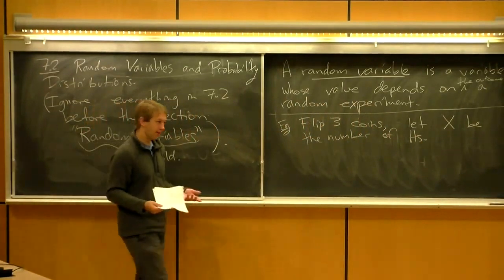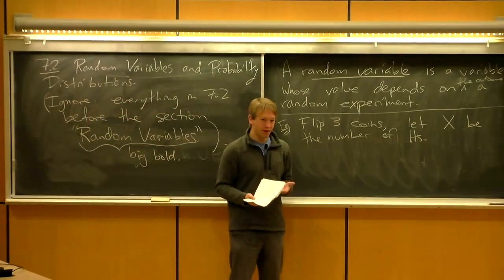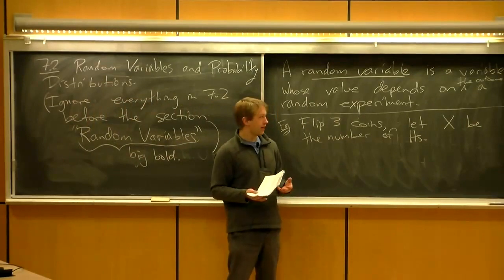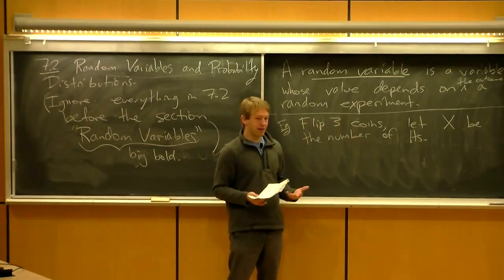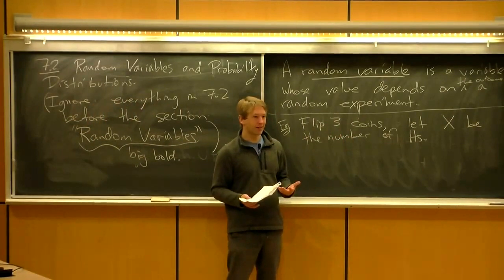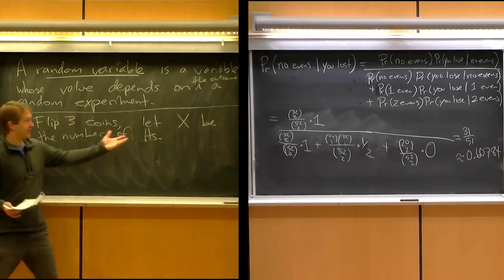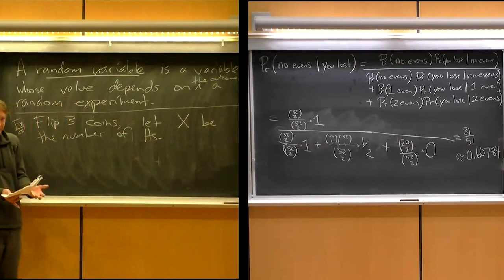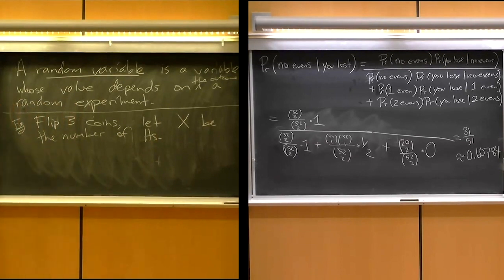So this is some kind of a variable, some kind of a number, but the value of x depends on the random event. x by itself doesn't have any explicit value until you do the experiment, and then the value gets assigned, right?